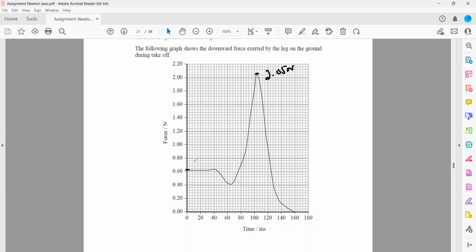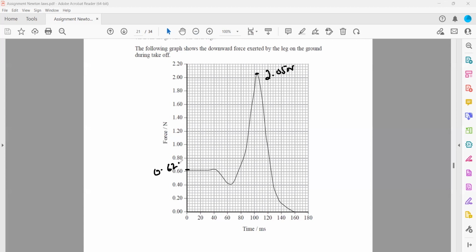Each box is actually 0.04, so I can take 0.062. So this one is 2.05 and the weight, say we took as 0.61 or 0.62 because it's not exactly at 0.60.